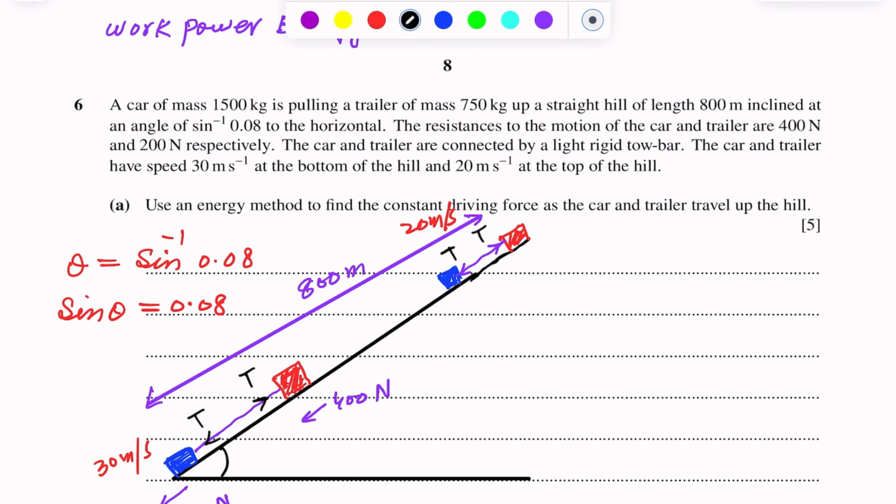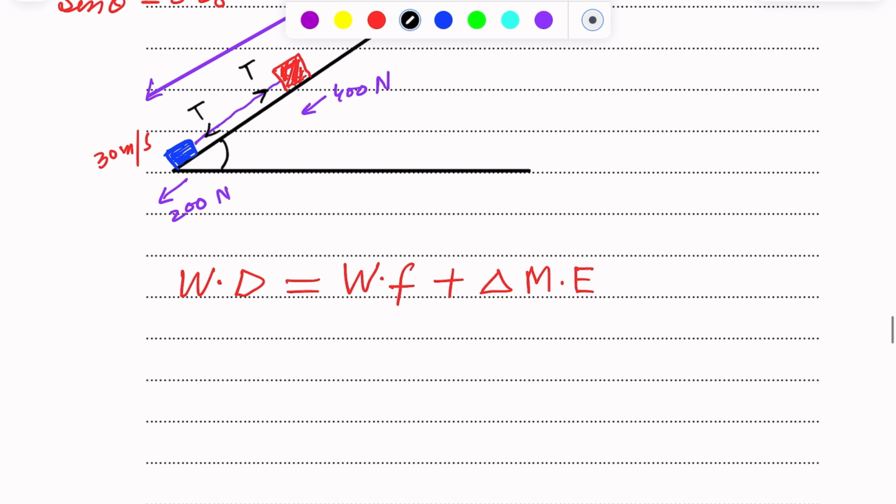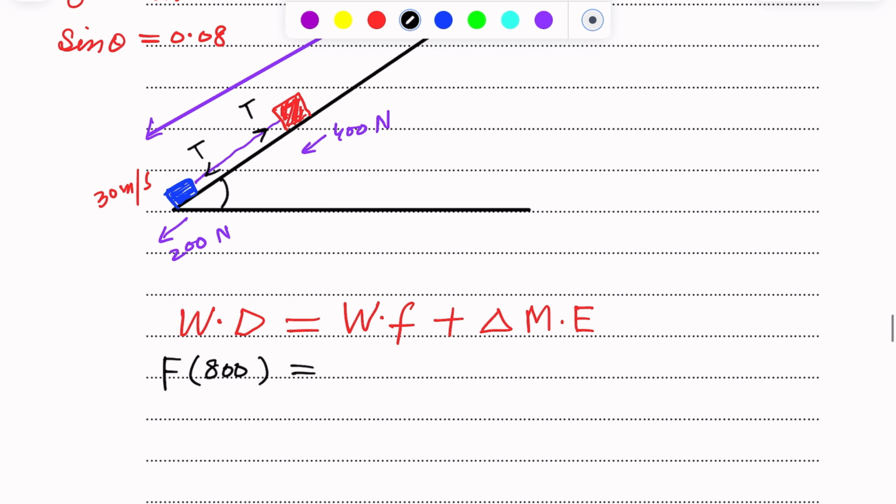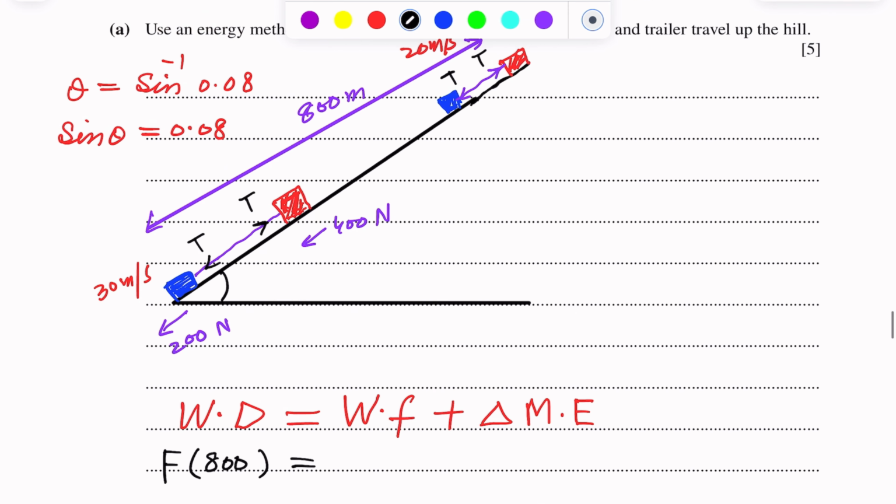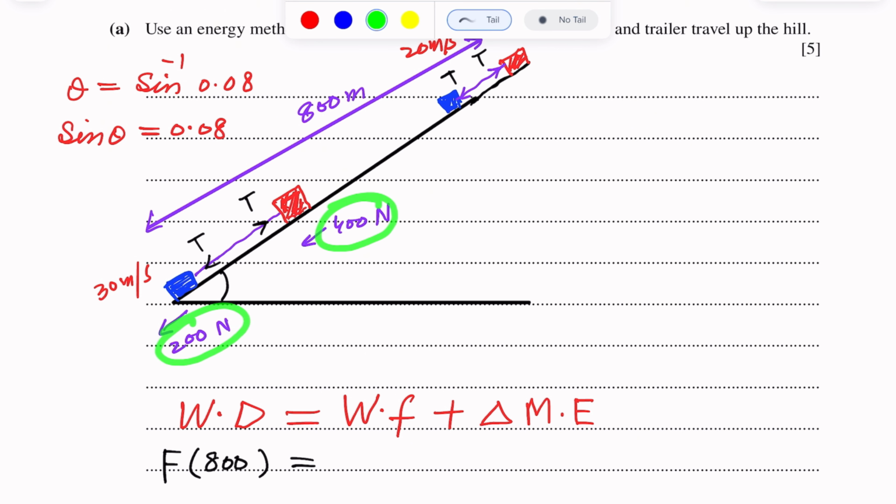So work done by driving force is F into D, where D, the distance, is 800 meter. Work against friction is again F into D. Now we will add these two frictions: 400 plus 200.